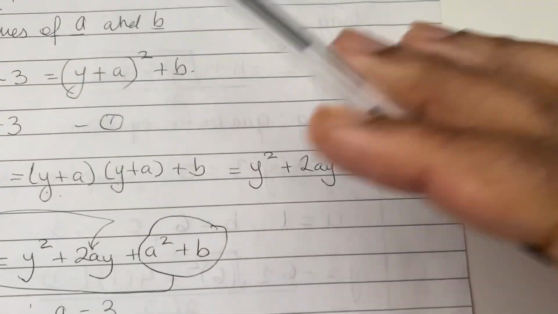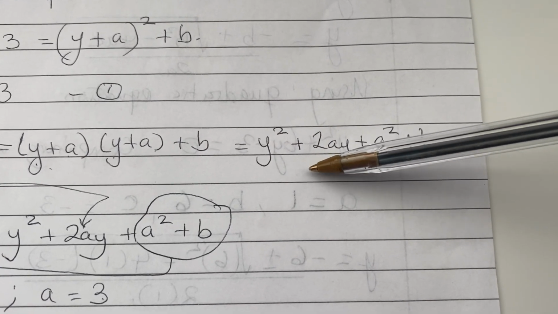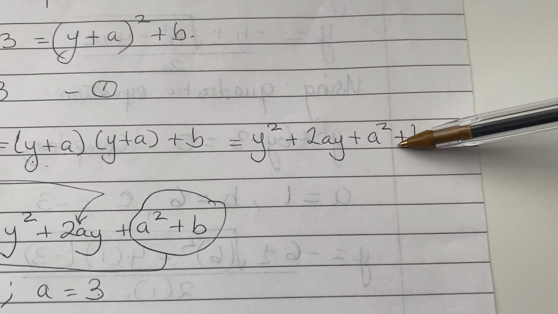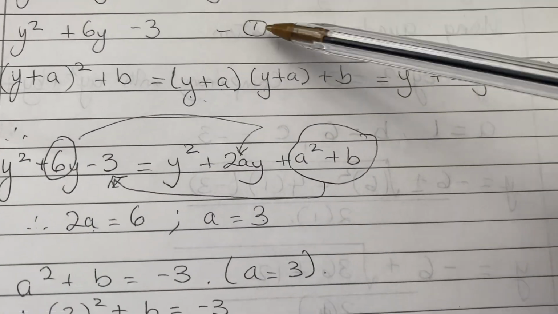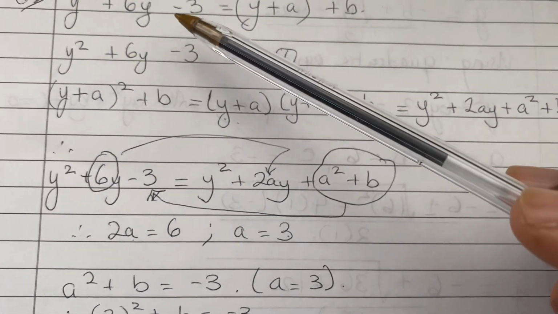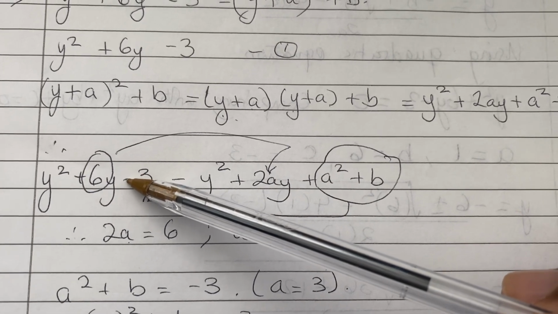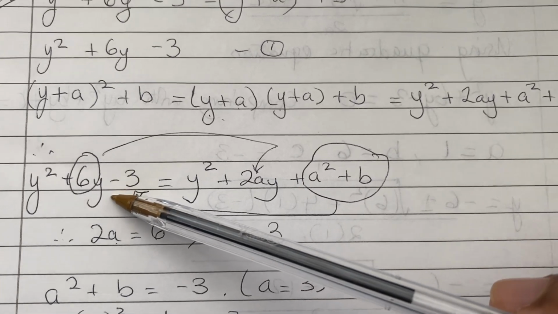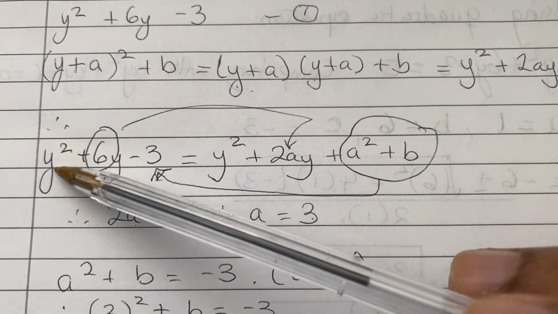Okay. Now, if you do that, you get y squared plus 2ay plus A squared plus B. Now, if you are going to compare whatever you got here to the quadratic equation you've been given, make sure you use the signs, don't interchange them. Now, the coefficient of y squared here is 1.